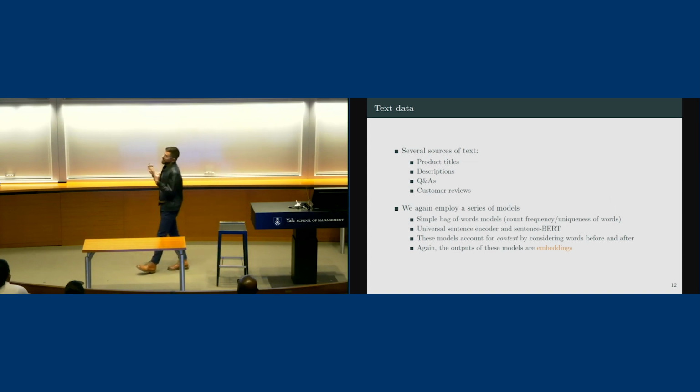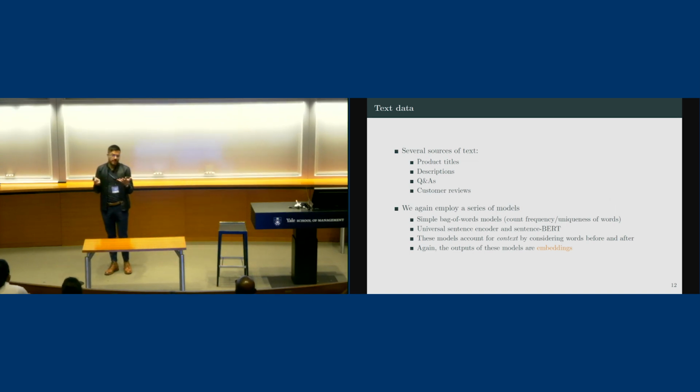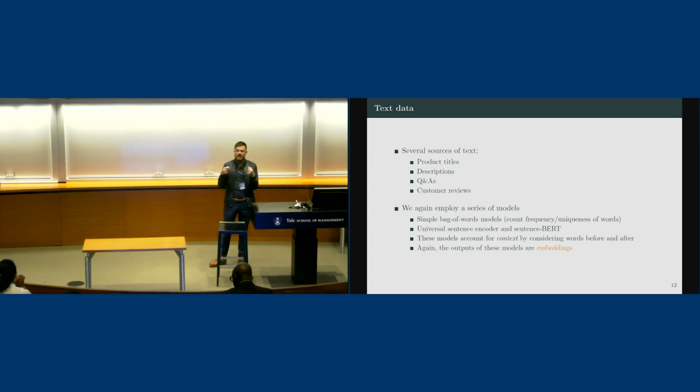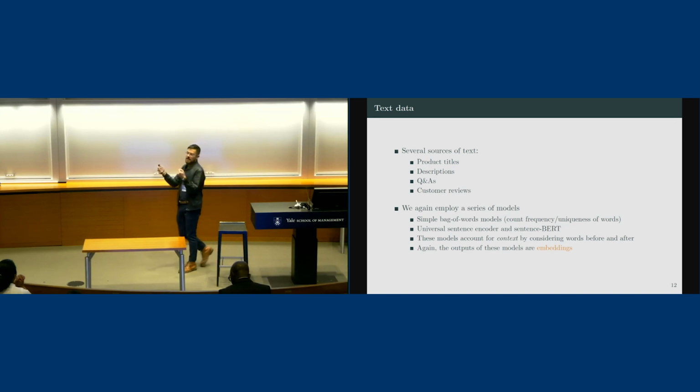What about text? For text, we actually do a very similar thing. We have different sources of data, as I mentioned. And we start from very simple models called bag of words models, which essentially count how much overlap there is among two sources of text in terms of the co-occurrence of the same words.